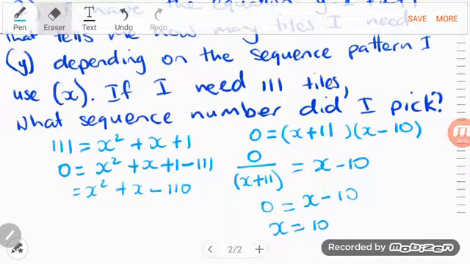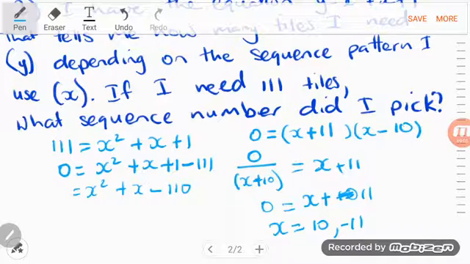So likewise, we could do that with the x plus 11. So we could say x plus 11 on that side, and x minus 10 on this, which means that x would equal negative 11 in that case.